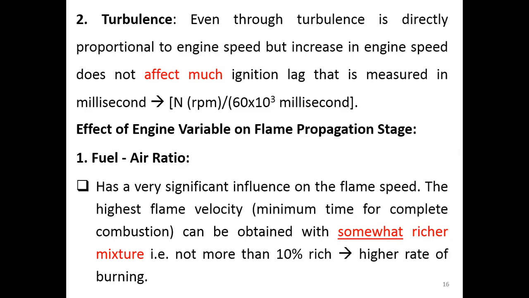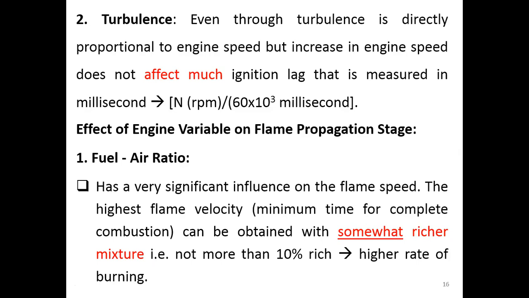And how can we obtain the highest flame speed here? The highest flame speed can be obtained with somewhat, I said somewhat here, richer mixtures. The word somewhat gives us a sense that there has to be a cap on something, not going on forever.